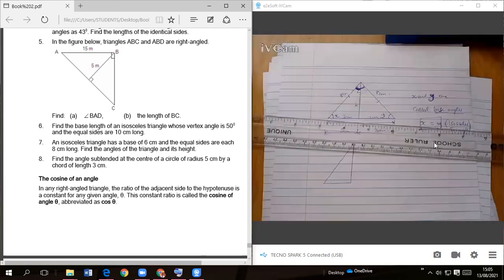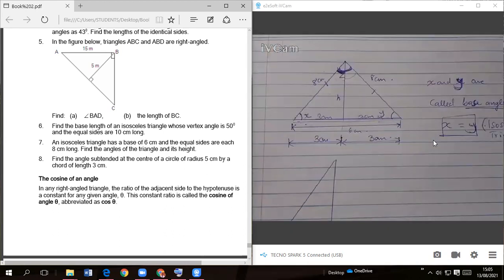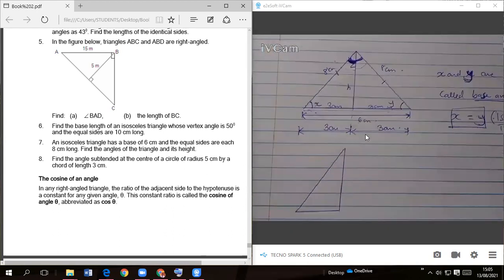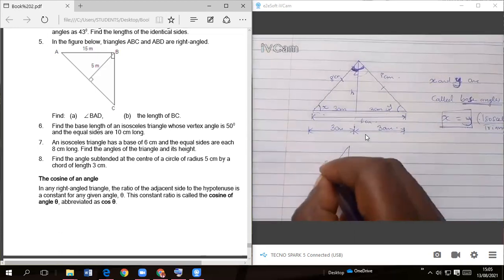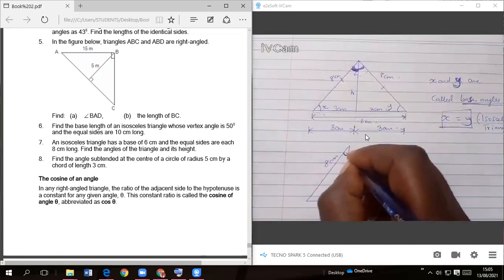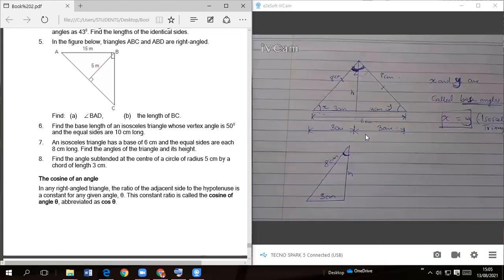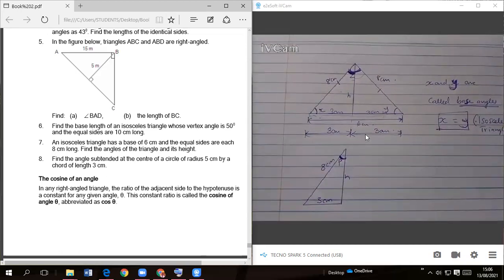Okay. So that is the right angled triangle. This is 3 centimeters. Then this is H, and this is 8 centimeters. So I want to get this angle so that I can use sine. Are we together? So let me call it P, angle P.